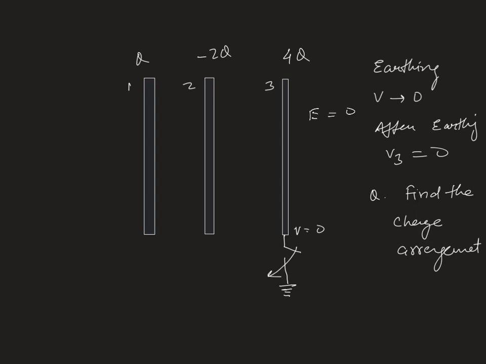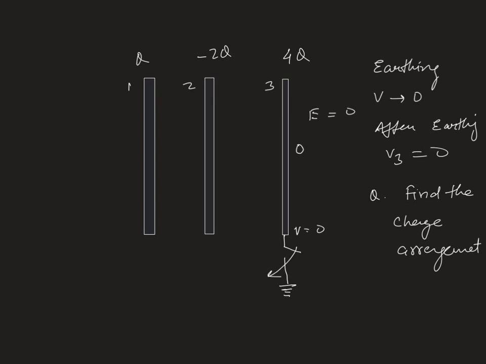Now what should we do to make the field in this region equal to 0? The simplest thing that we can do is to make the charge here 0. You will understand in a bit why I have made the charge 0, but let me continue with the explanation.